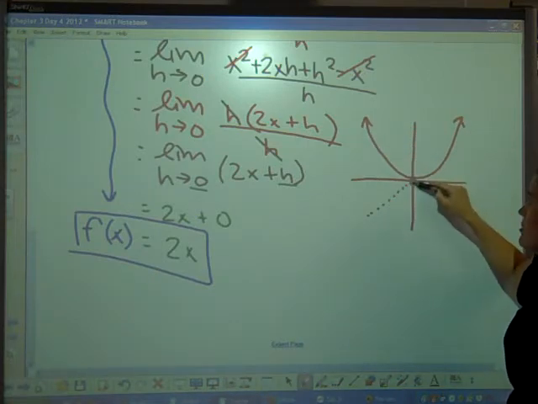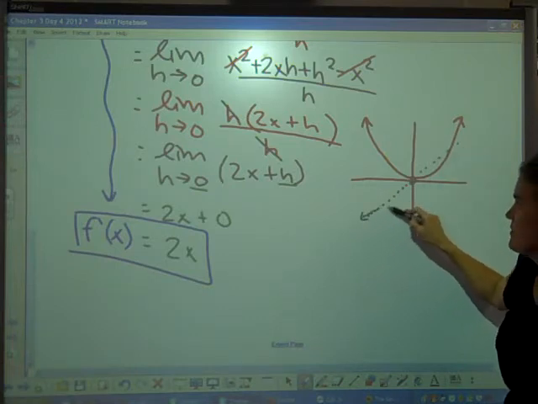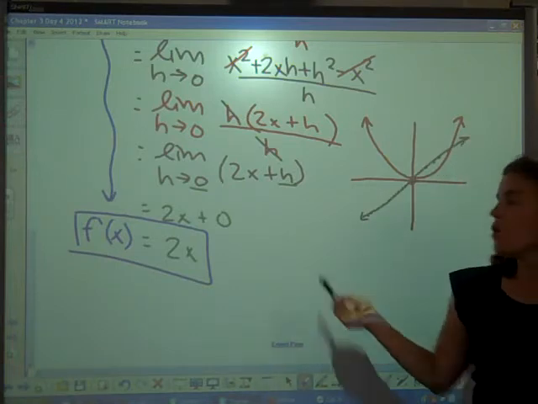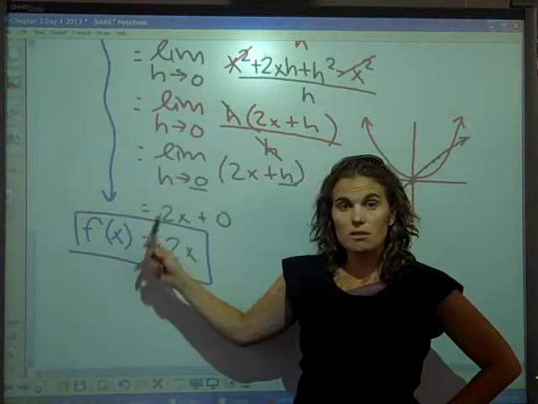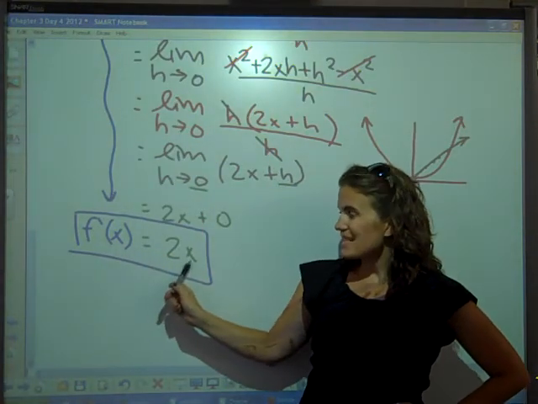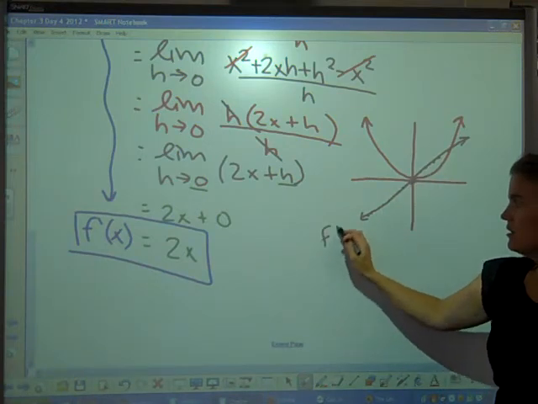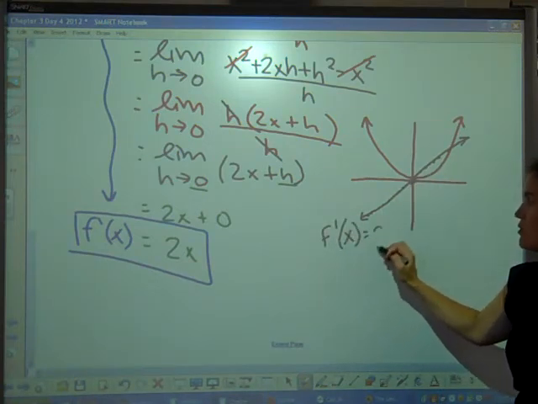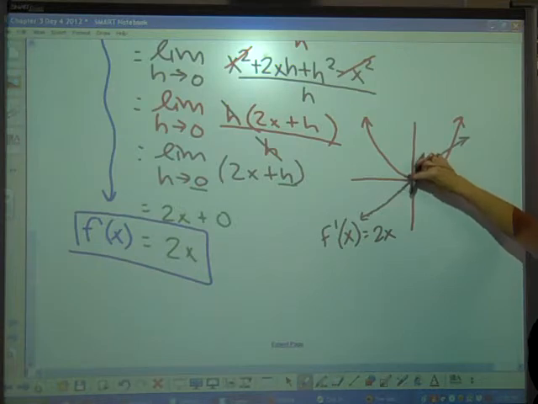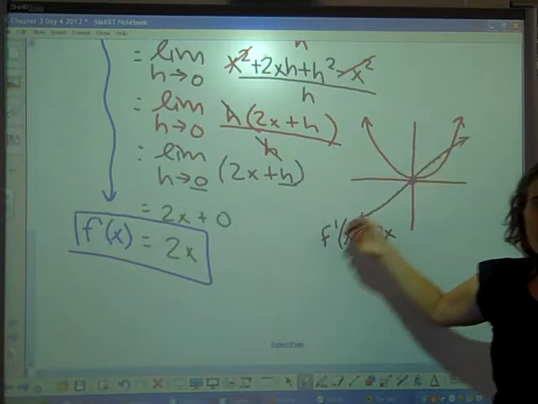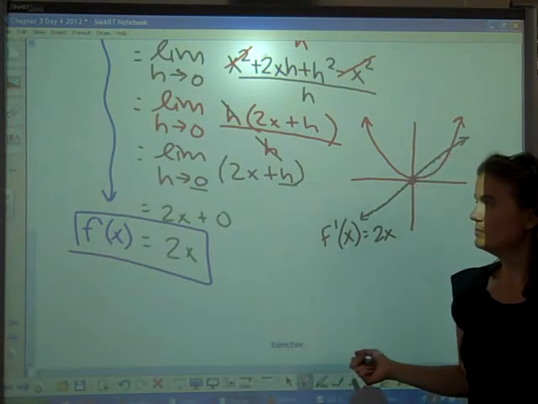Function's increasing, you know you're above the x-axis. So you have a line that looks something along those lines. What I just found out doing the definition of derivative is that the derivative should be exactly 2x. So if I had drawn this perfectly, that derivative right here would be exactly 2x. It doesn't look like I've drawn it steep enough. It looks like it should be a little bit steeper, but you get the idea.